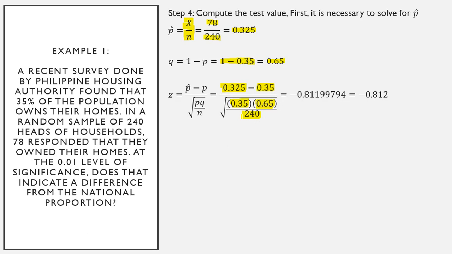If you're going to do that on your own, again, be careful on putting the parentheses. At kailangan ito po yung magiging answer po natin. Okay? So, ang answer po na dapat makukuha po ninyo is negative 0.811999794, or kailangan naka 3 decimal place po siya or naka-round off into 3 decimal place. So, we will be having negative 0.812. Okay? Meron po bang nakakuha rin po ng pareho kagaya kay teacher?